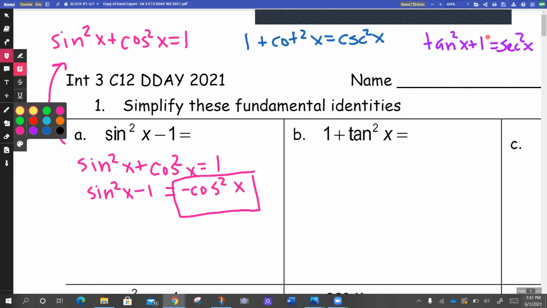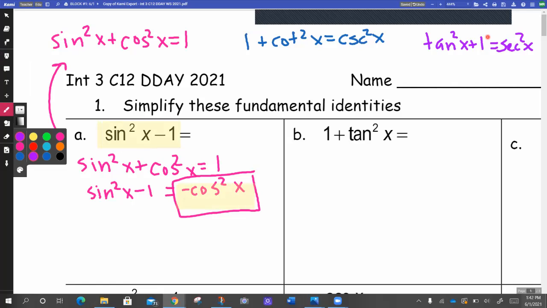So this right here is equal to this. Those are the same. The tangent squared. So if I am using this one here, I see that this is going to be equal to secant squared x. That's your answer.